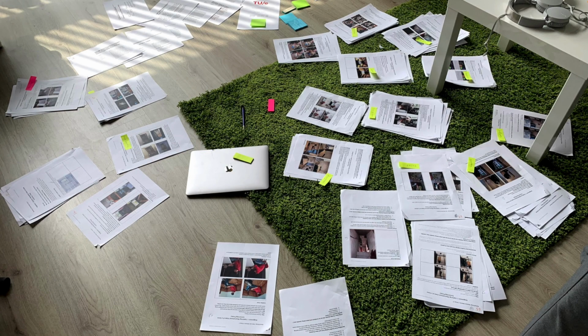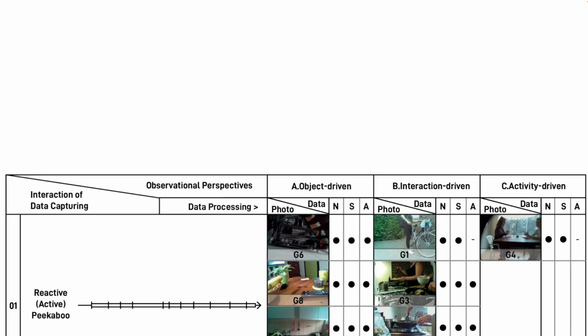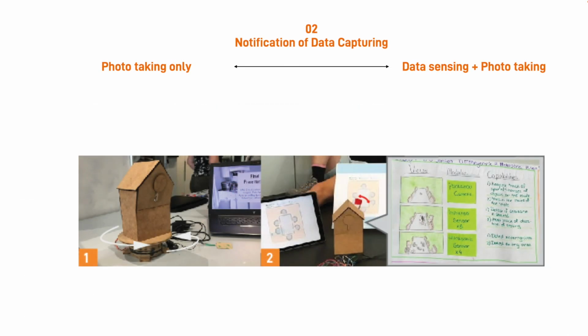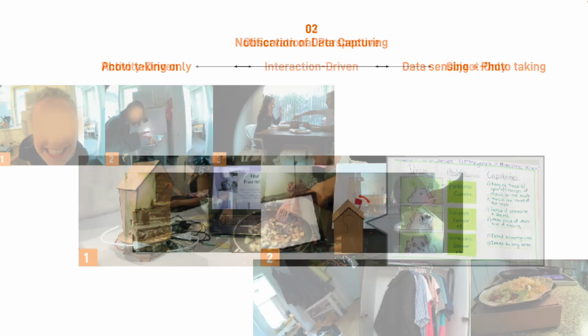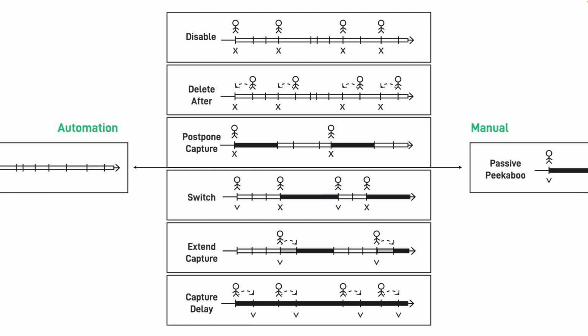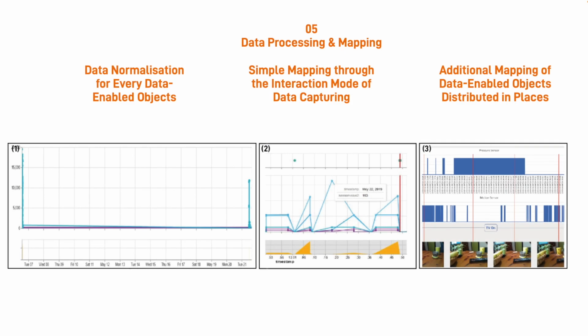So we conducted thematic analysis and identified 5 different design spaces, including form, notification of data capturing, observational perspective, interactions of data capturing, and finally, data processing and mapping. And these findings can be seen in our paper.